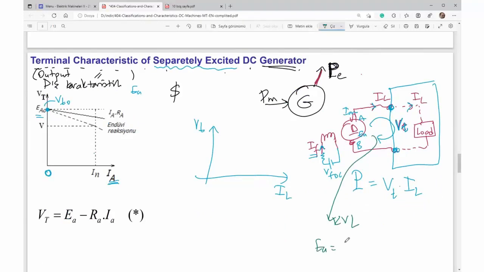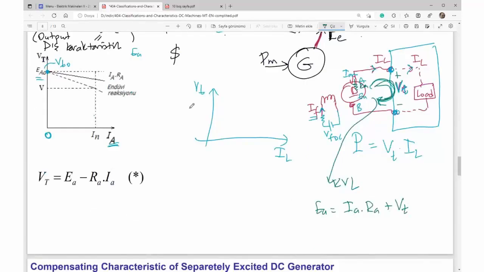Induced EMF across the armature is equal to armature current times RA, the armature resistance inside the system, plus terminal voltage. That is Kirchhoff's voltage law around this loop. So, if you make any arrangement, VT is equal to armature EMF minus armature current times RA.